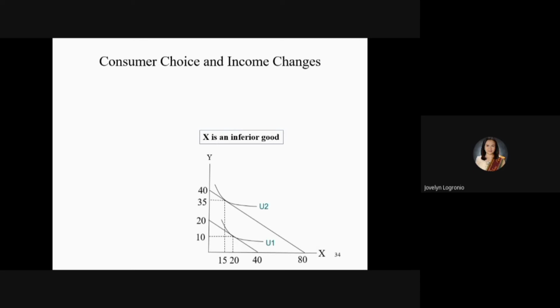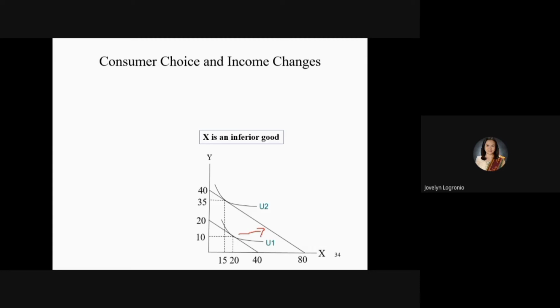How about this one? In that diagram, although income increased, right? The income of the consumer still increases because the budget line shifted to the right from here to here. But this is again a hypothetical situation, a hypothetical example.